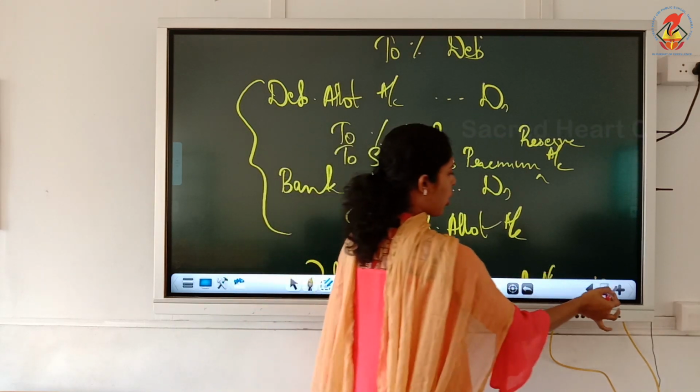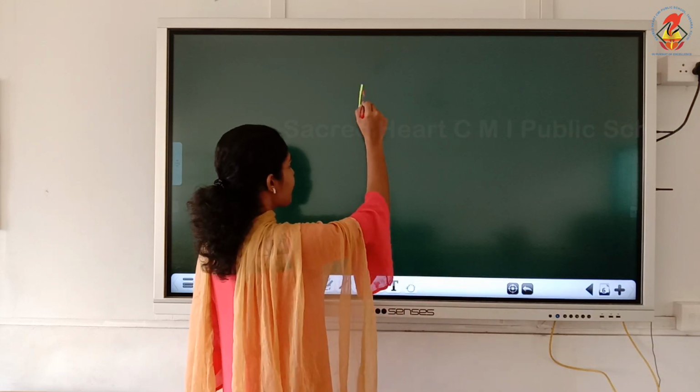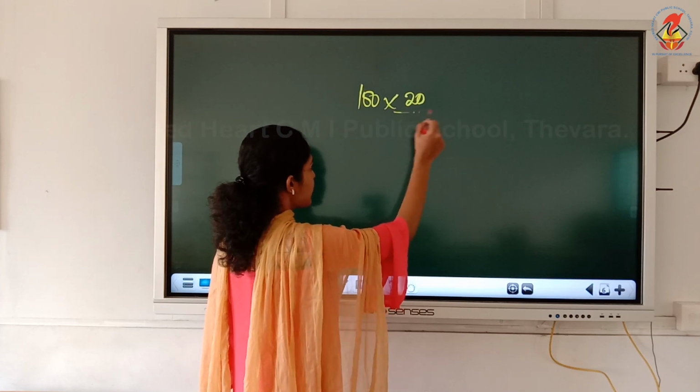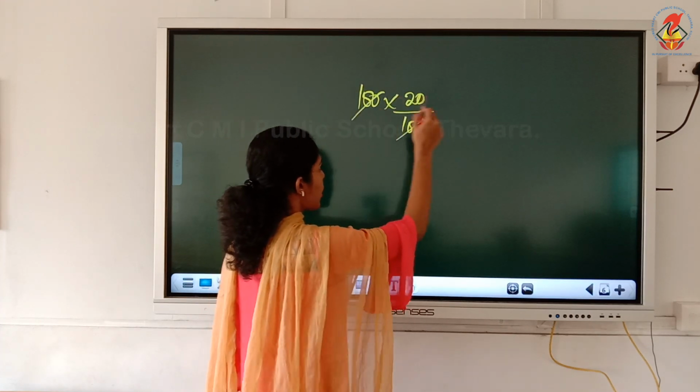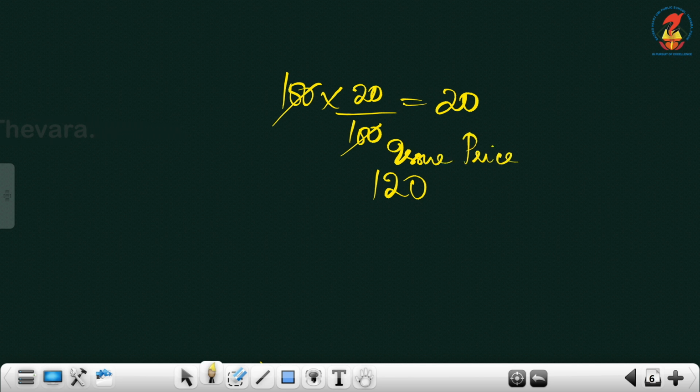Premium must always be computed on the face value. Here face value is 100. On that you will compute 20%. So what is your premium? The premium is 20. What we are collecting is 100 plus 20, 120. So the issue price here is 120.